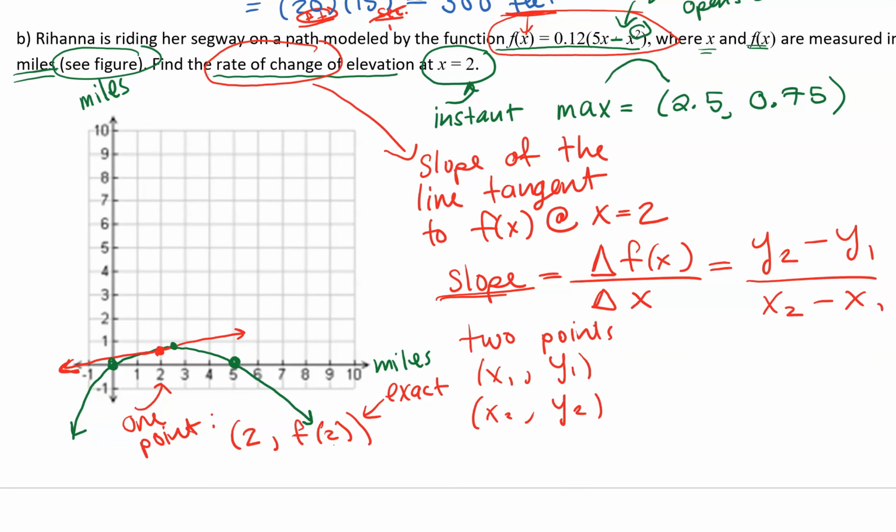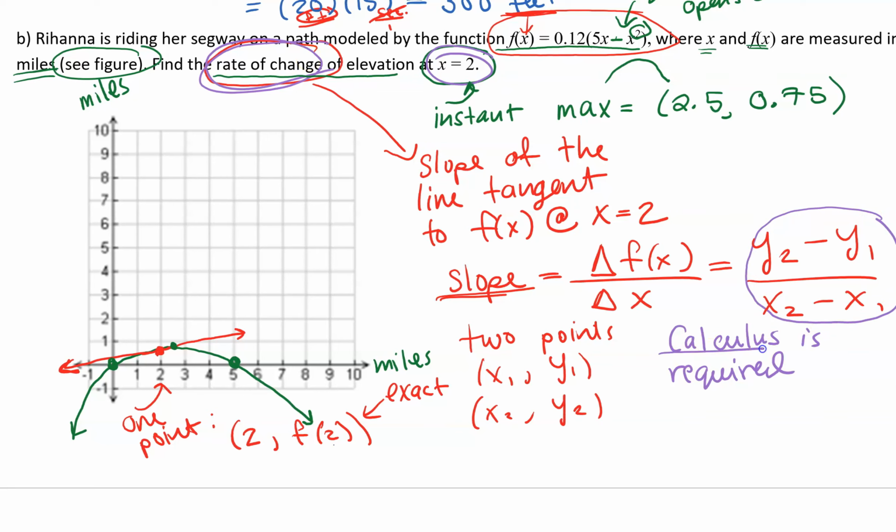So calculus would be required to find this exact rate of change at the instant when x is 2. I can use algebra, I can use this slope formula to get an estimate of the rate of change at x equals 2. But if I wanted the exact answer, I would need some calculus, which we haven't learned yet. So we're going to just estimate using algebra.